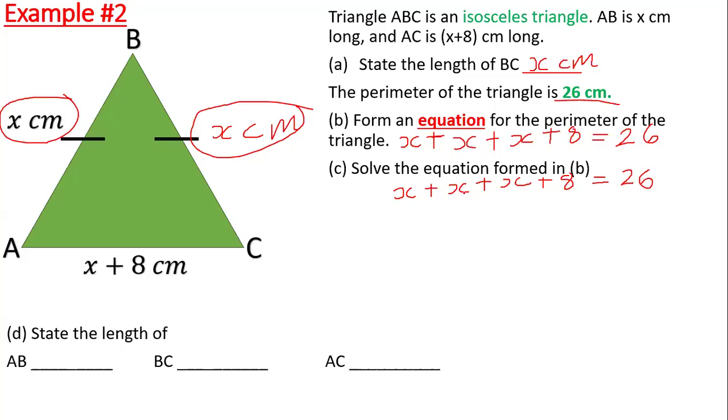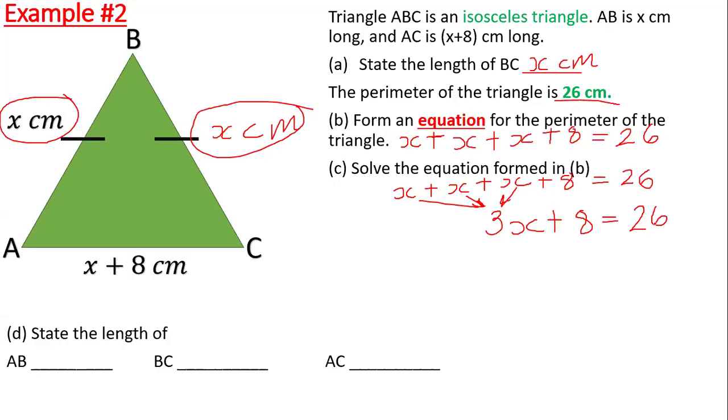All right, so X plus X plus X is going to be equal to 3X, because when we add them, they give us 3X. So 3X plus 8 is equal to 26, sorry. Class, we're almost done with this one.